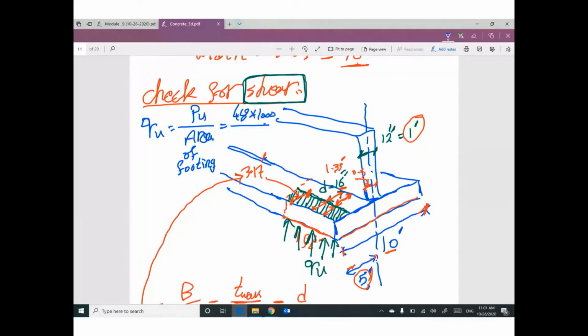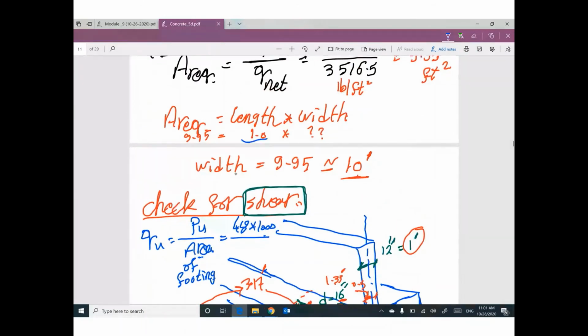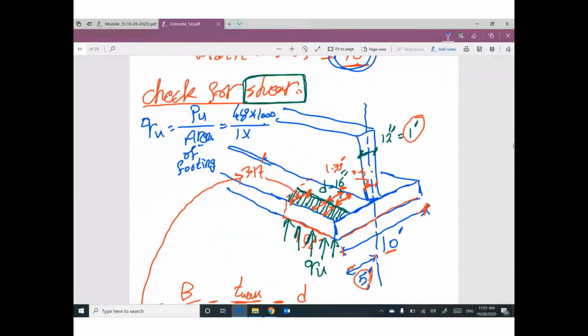Area of footing will be unit length times this width, 1 times 10. So Q ultimate will be 4,800 pound per square feet.